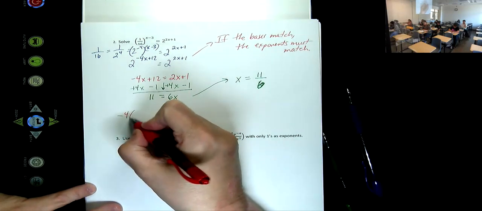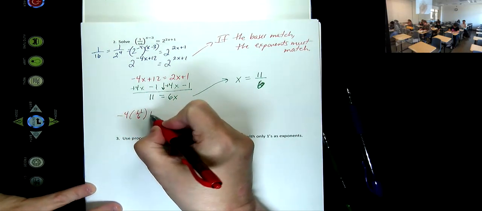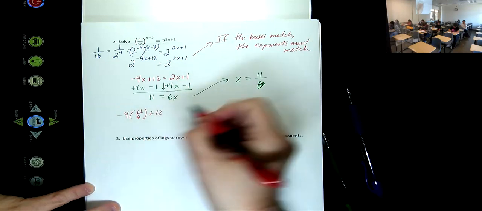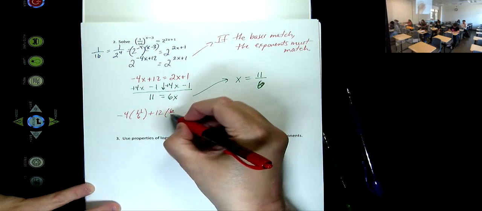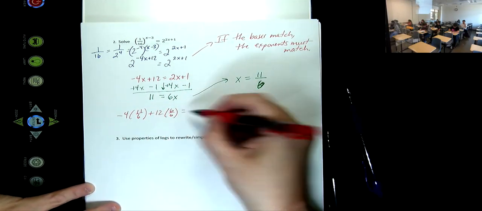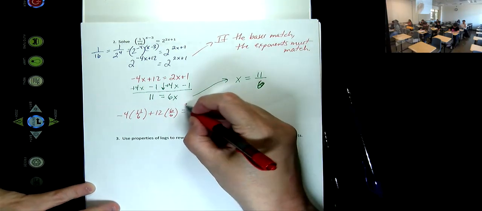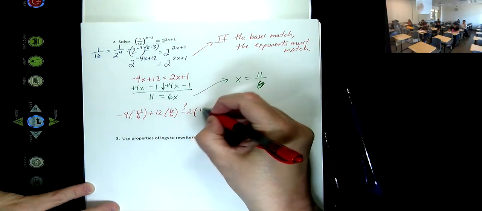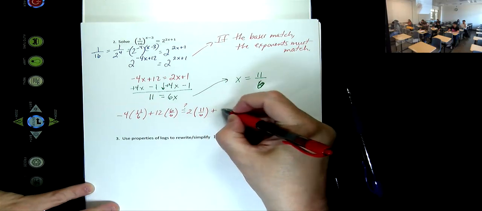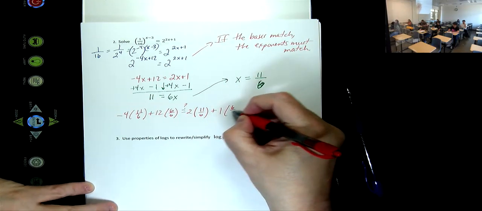-4 times 11 over 6 plus 12. I think I'm going to need to multiply that by 6 over 6 as well to get a common base. Does that equal 2 times 11 over 6 plus 1 times 6 over 6?